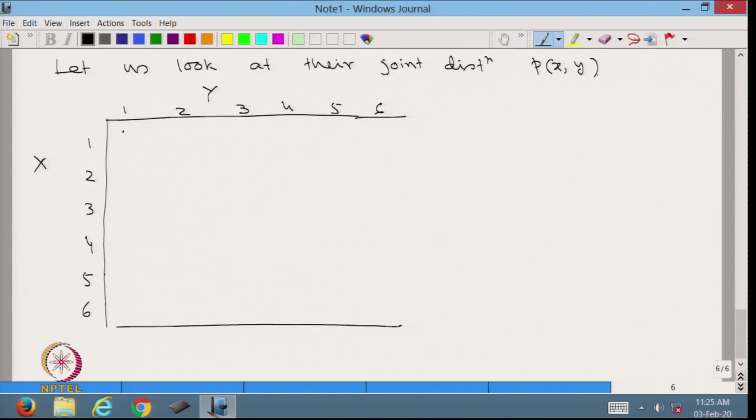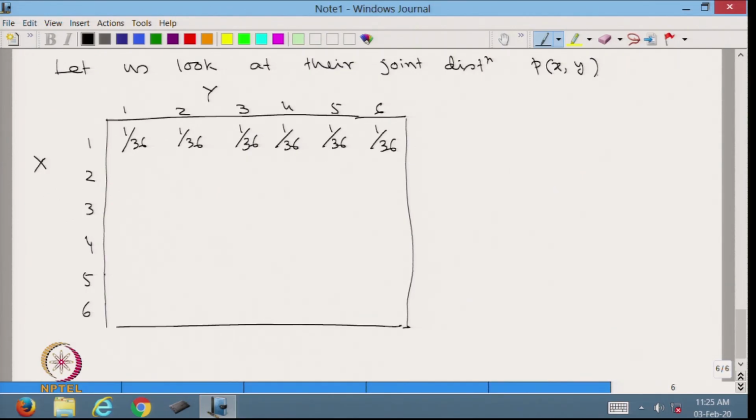So, it is very easy to see that these probabilities come out to be 1 by 36 each.